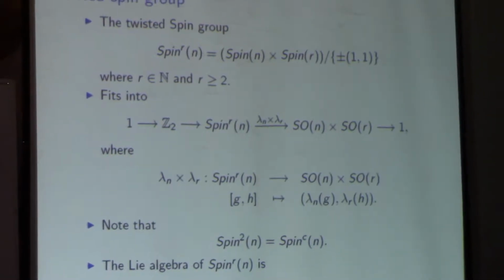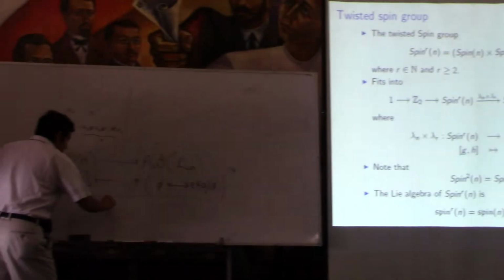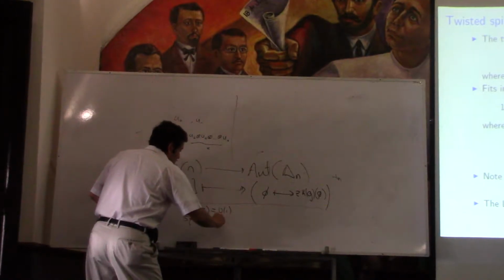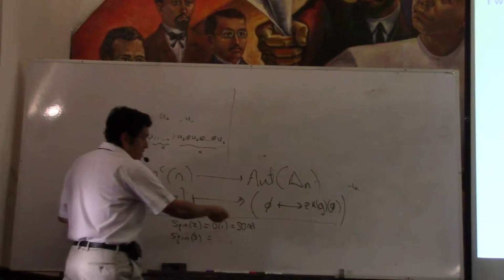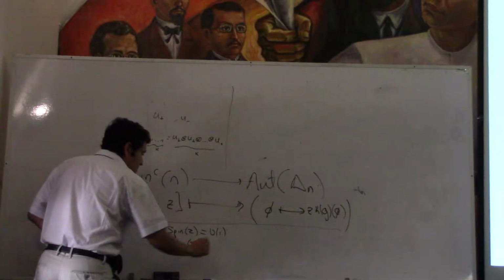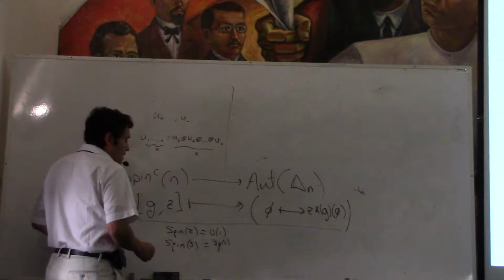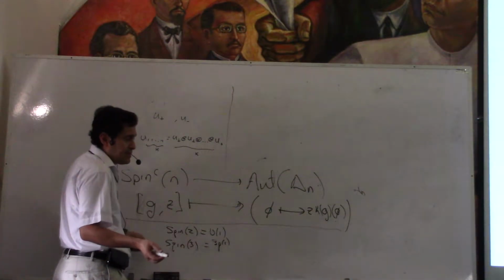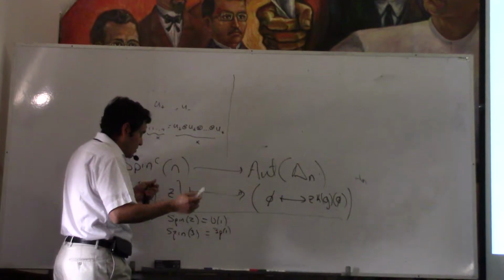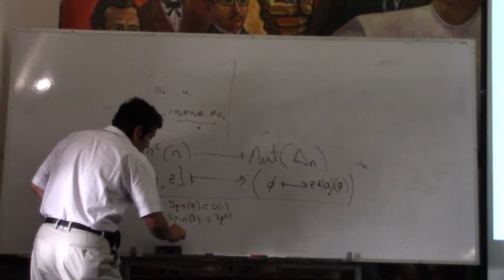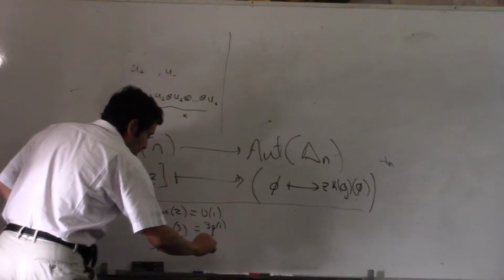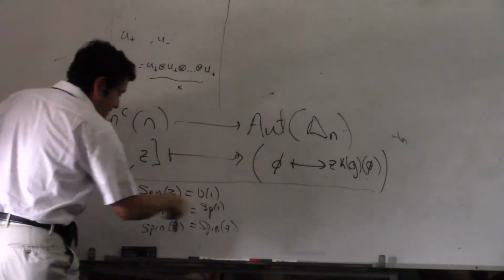However infantile you may think this observation is, by definition, Spin 2 is U1, Spin 3 is Sp1, which I didn't define. It's the quaternionic matrices A such that A A star gives the identity. And Spin 7, which is the one I'm after, is equal to Spin 7. Well, that's the most infantile line on this thing.